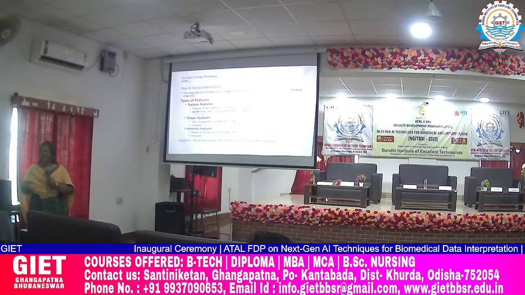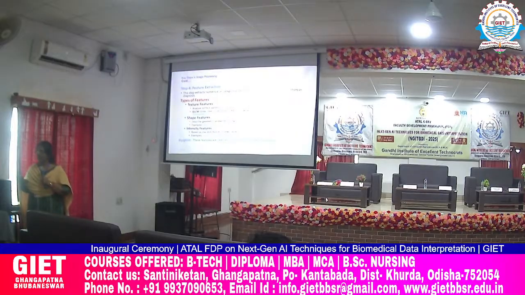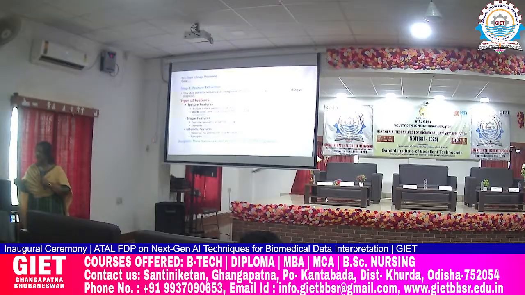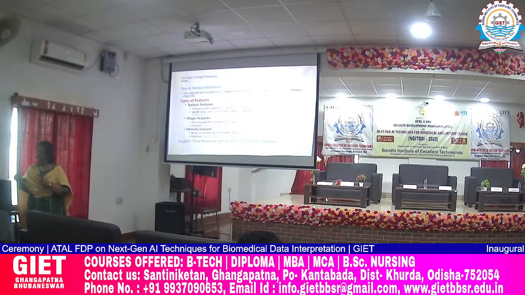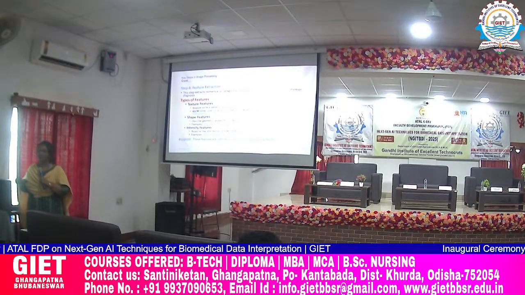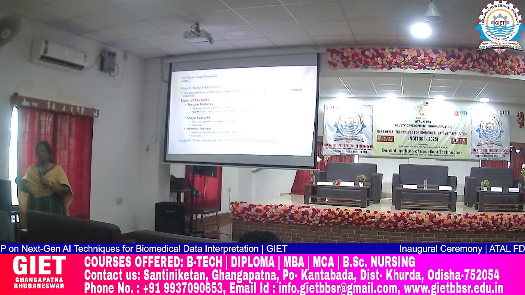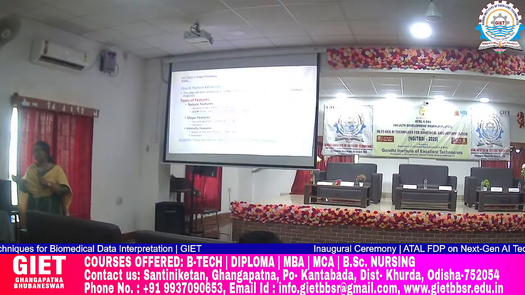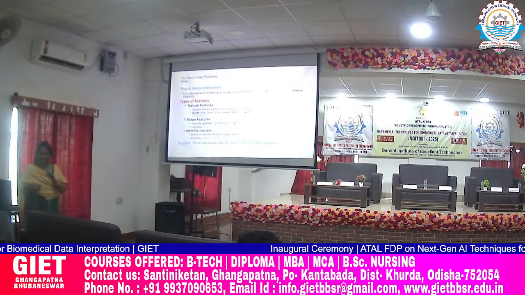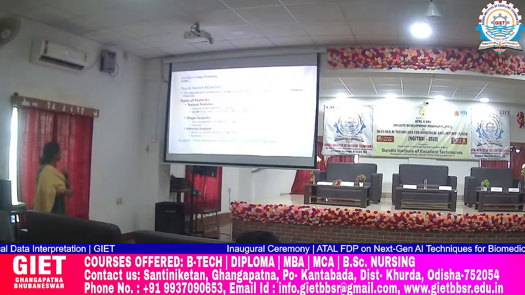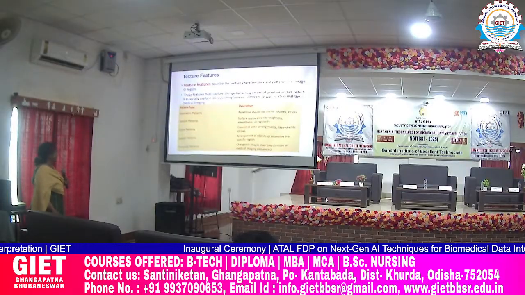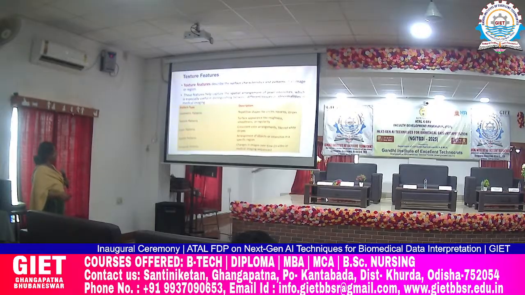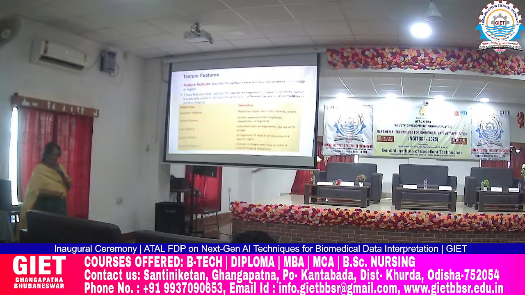So these are the techniques and these are the features extracted by using each technique. So you analyze your image, which type of image it is. After that you apply the technique, whichever one is good. Then texture feature is very important, basically in medical image analysis.